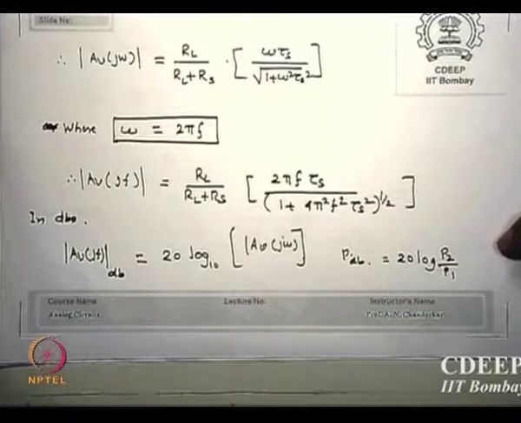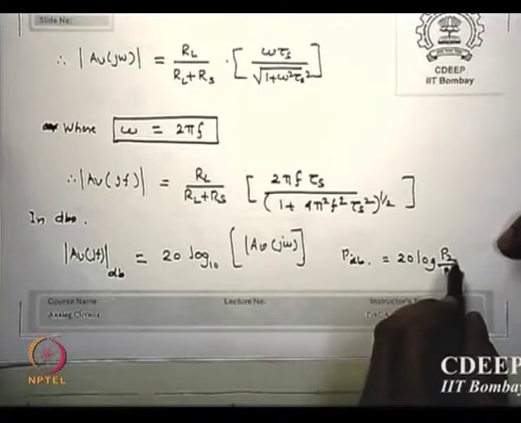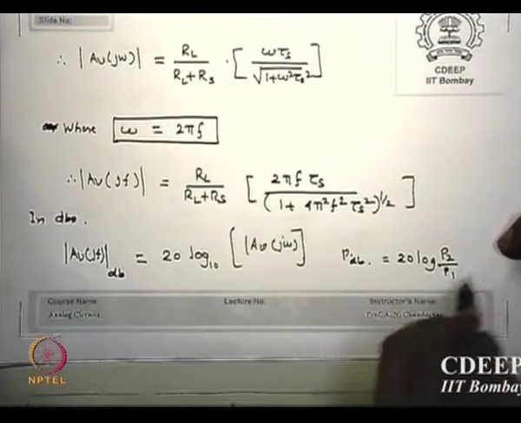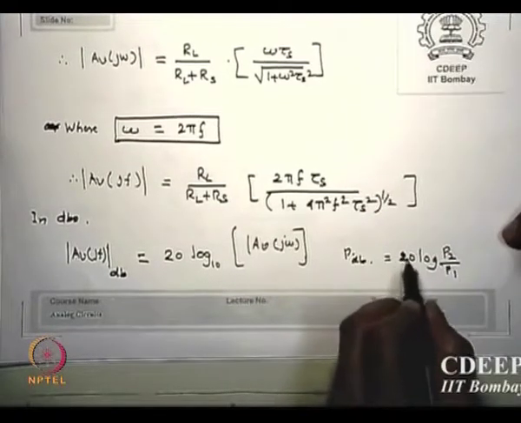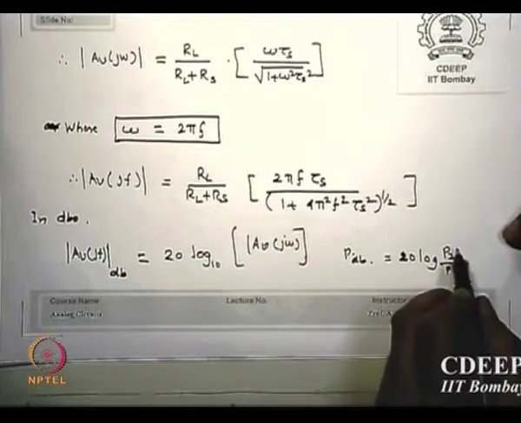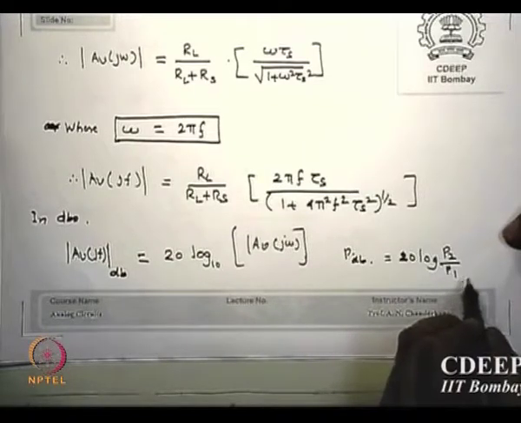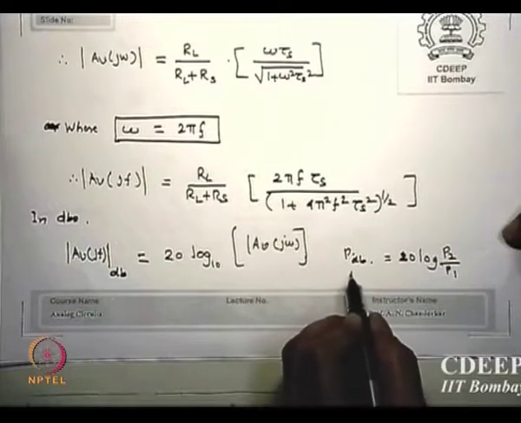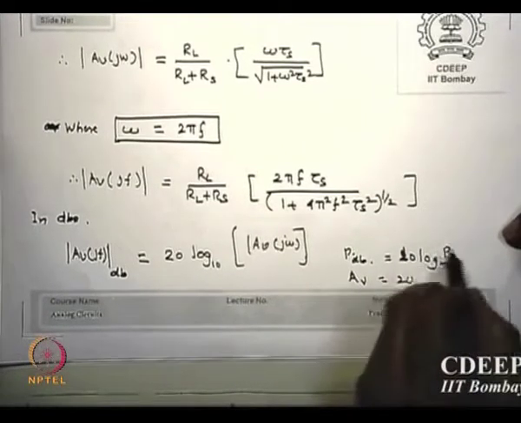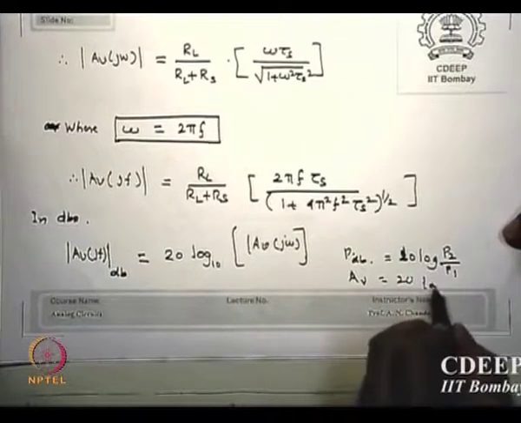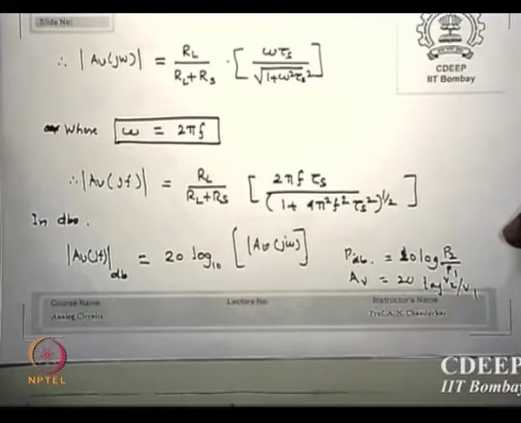But since in our case power can be V and I being same, we can write 10, I am very sorry, this will be V square by R, this will be V square by R. So if I say gain voltage kind of, this is 10, square means 20 log V2 by V1.